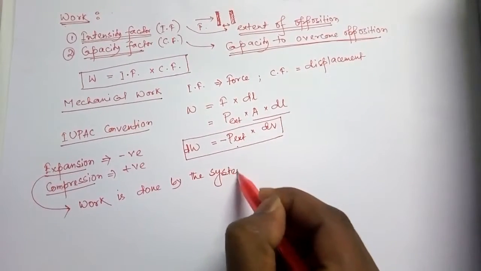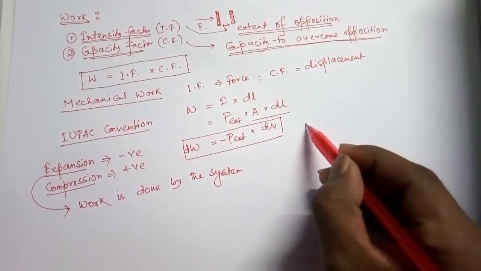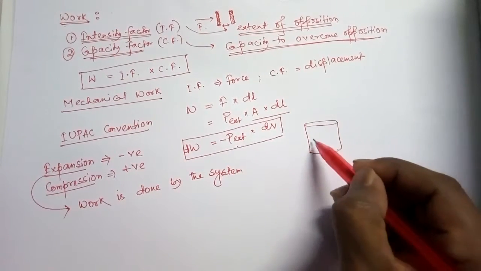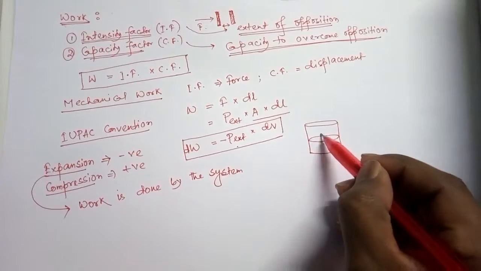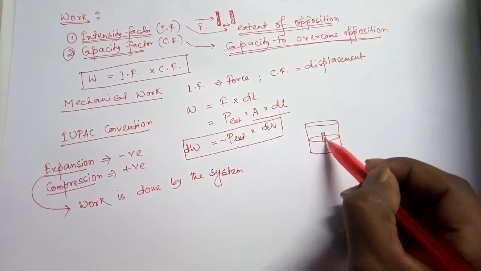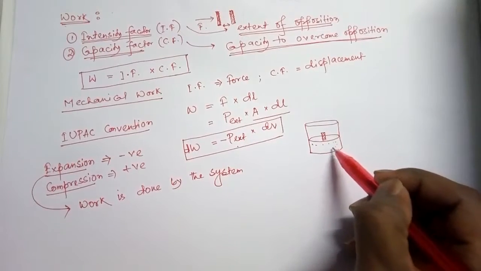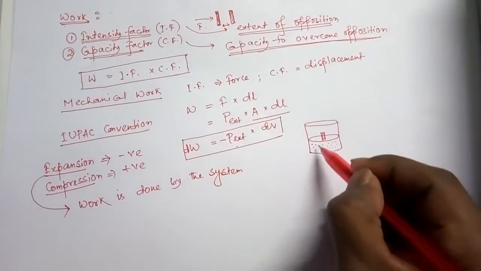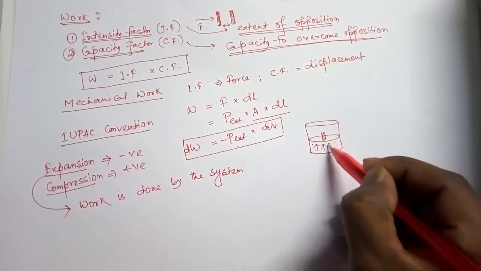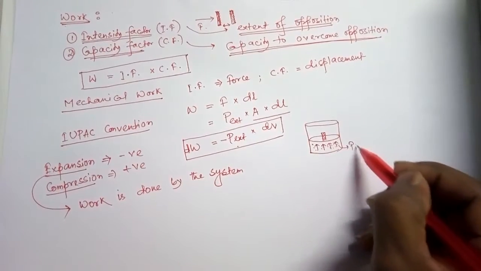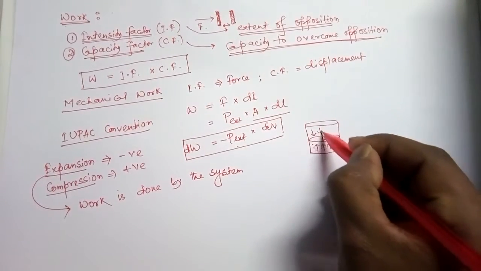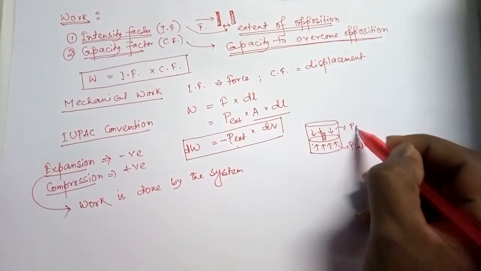How? Suppose we are considering 1 mole of an ideal gas kept in a cylinder covered by a weightless and frictionless piston. Right? So here P internal is acting from the lower side of the piston and P external is acting from the upper side.